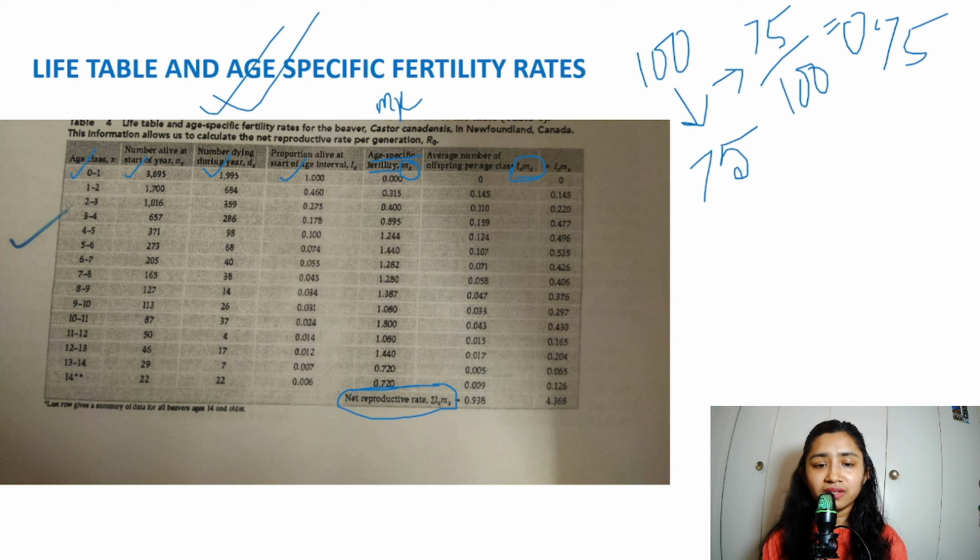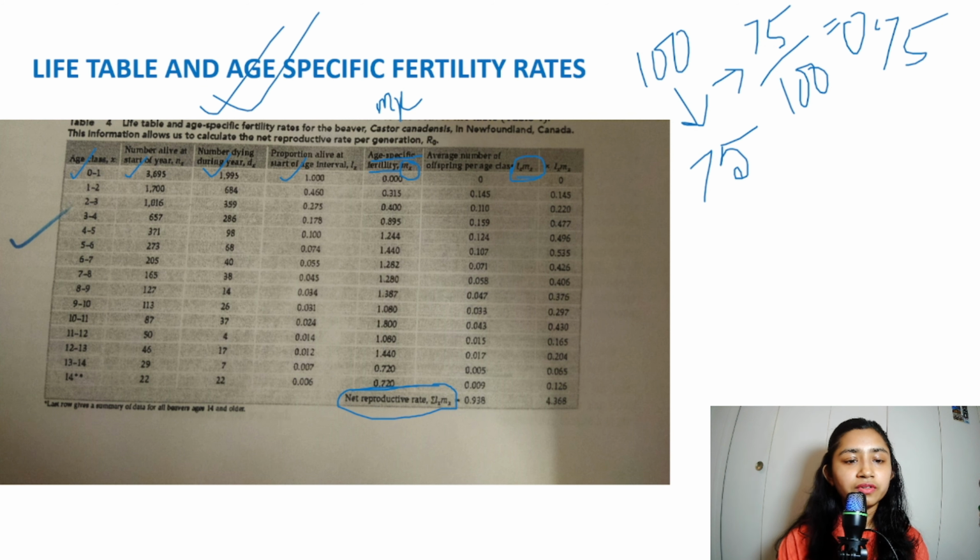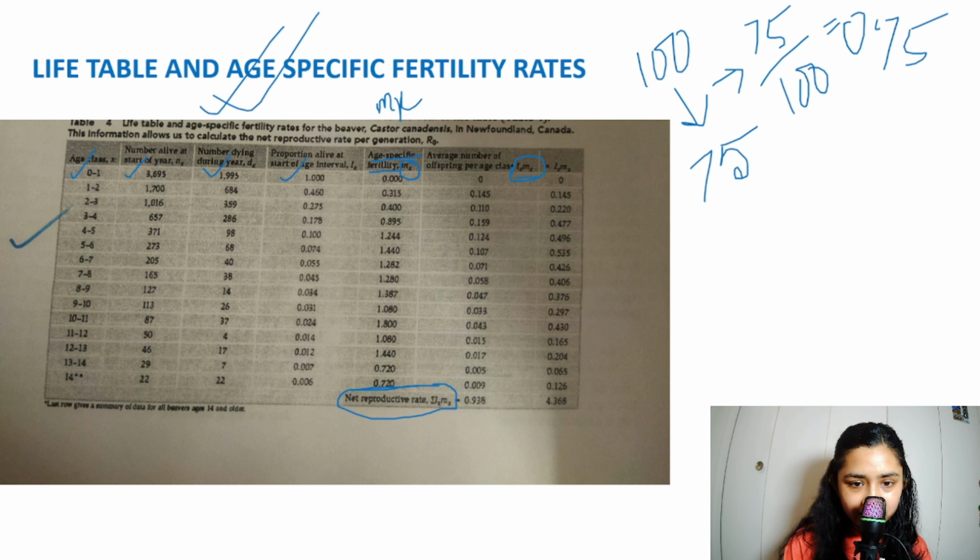Now let's go back to this beaver example. For each age class you can see the number alive, number dying, and proportion alive, which is LX equal to NX by N0. Now its specific fertility rate MX. Here if you take out the proportion alive, or survivorship, of age 5 to 6, LX equals NX divided by N0.